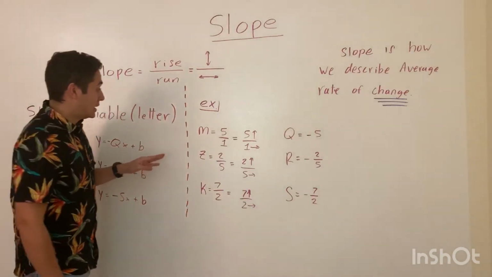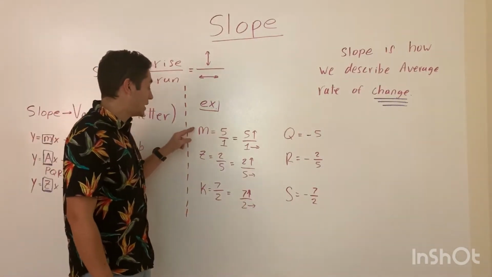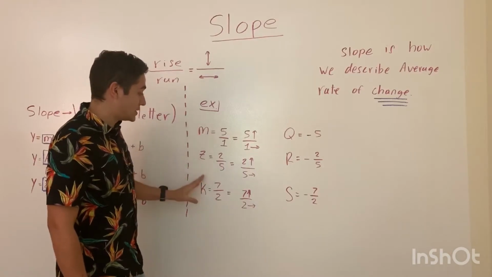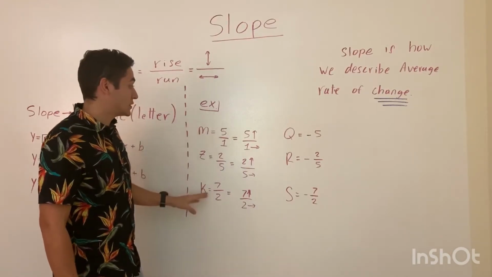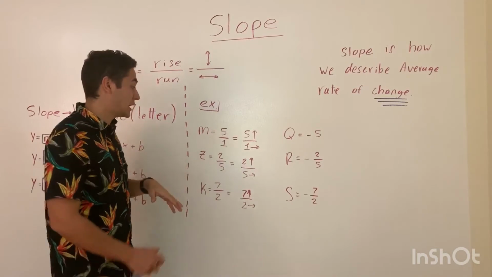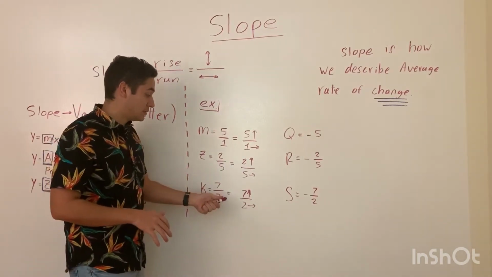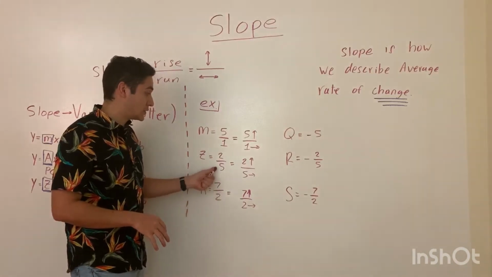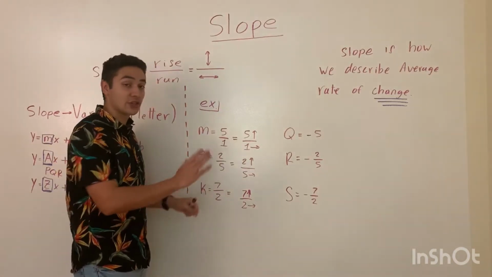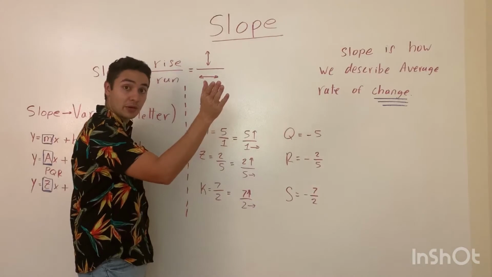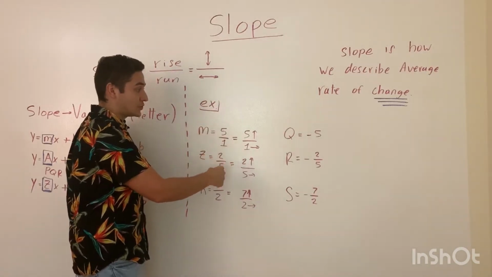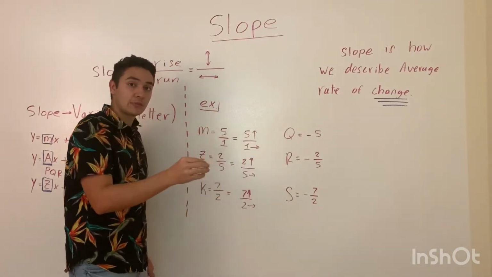These being our slopes. Now, I went ahead and kept the positive solutions from the previous session, because I wanted to show you the difference between having positive slopes, which are always going up and to the right, as opposed to having negative slopes, which are going to be a little bit different.